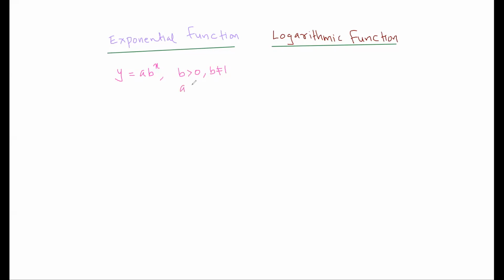A can be any real number, but not equal to 0, because if a is 0, it becomes 0. So it is simply y is equal to b to the power x, leaving out a. These types of functions are known as exponential functions.